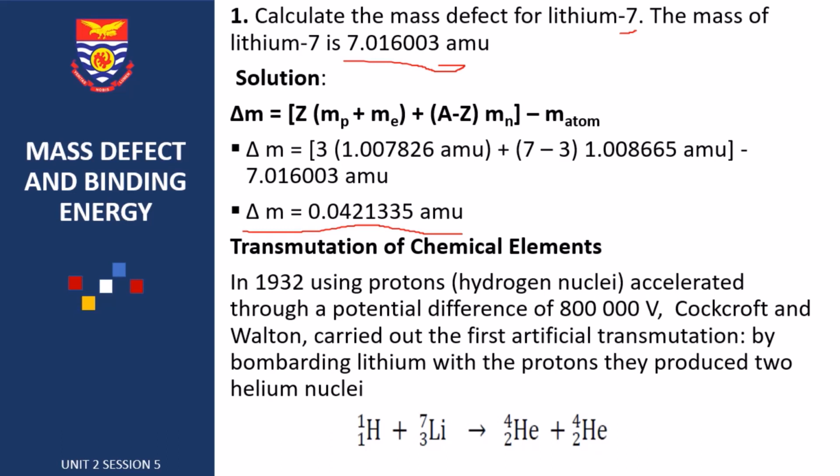Let's look at transmutation of chemical elements. Transmutation basically means converting one element to another. This can occur naturally or artificially.